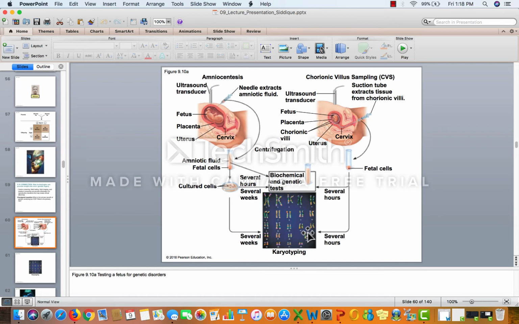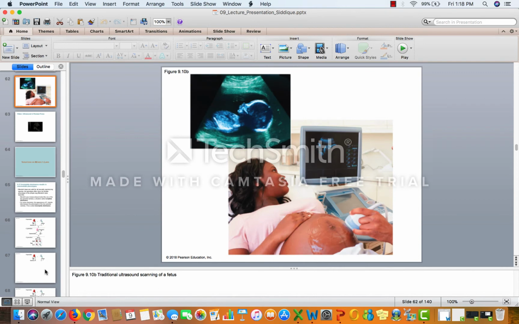CVS sampling is not done as often, but in the case of damage to the cervix, damage to the fetus, or difficulty with the pregnancy, you can suction some tissue from the chorionic villi and gather those fetal cells. There is some risk of miscarriage, but you'll still get that karyotype in a couple of hours as opposed to several weeks later with amniocentesis.